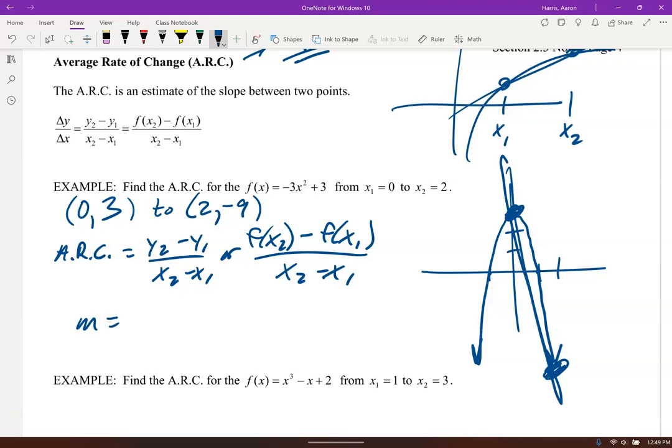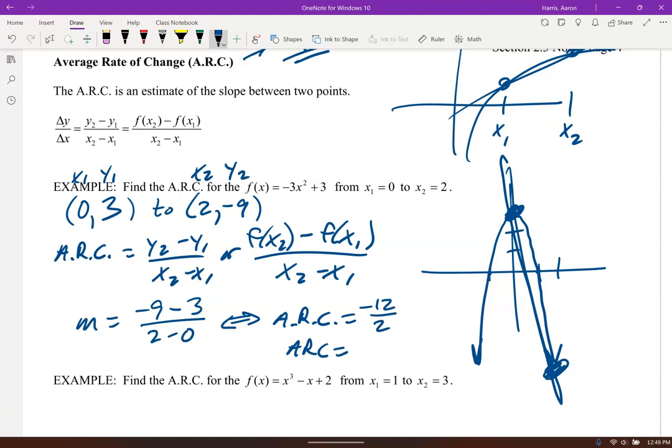I need to name these x1, y1, x2, y2. So my y2 is negative 9 minus the y1 of 3, over x2 is 2 minus 0. So my average rate of change, or my slope, is negative 12 over 2. In other words, negative 6. So I average a drop of 6, maybe this is in feet, this is in seconds, feet per second.